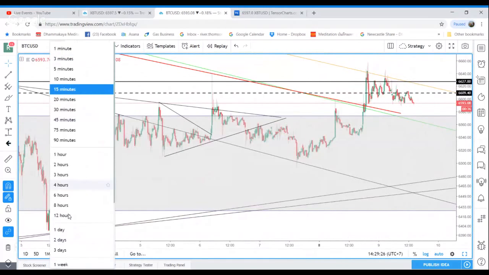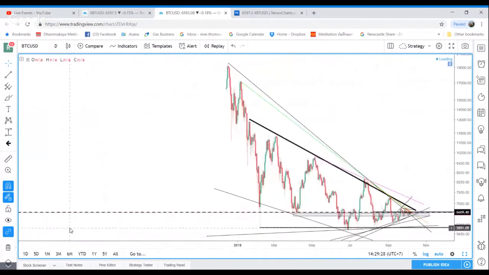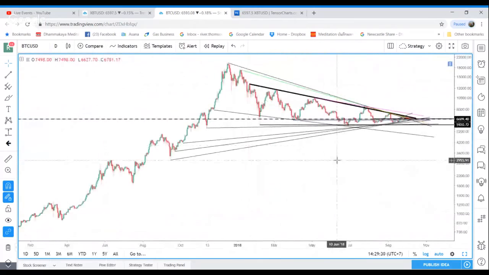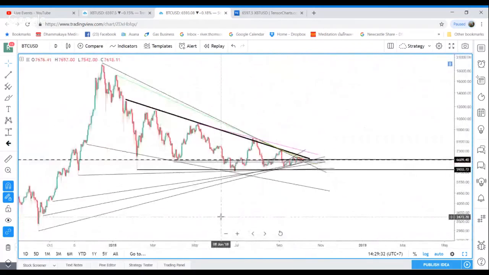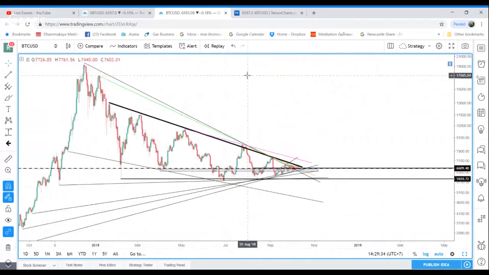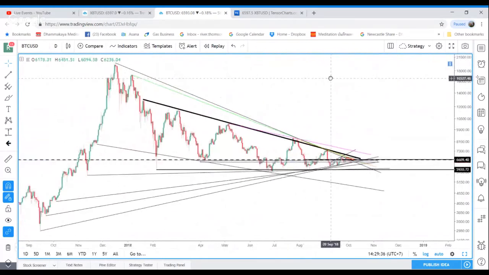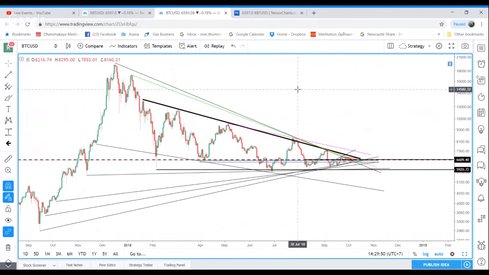This one though is on Bitfinex. I must admit I'm not using that right now, but this is my logarithmic chart. It's purely log with all the diagonals, and you can see I've got quite a few long-term diagonals involved in this, as well as the descending diagonals.